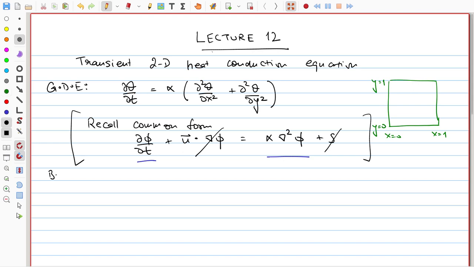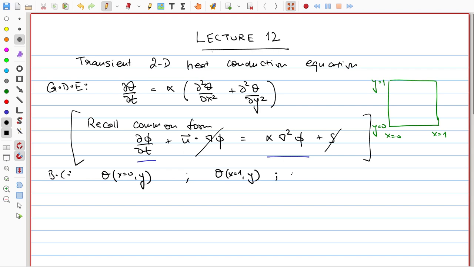So we'll need boundary conditions. Boundary conditions would be needed on the left, right, bottom and top boundaries. The left boundary is x equal to 0. The right boundary would be x equal to 1.